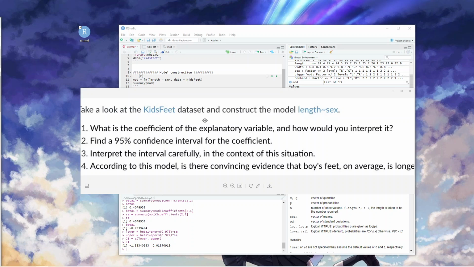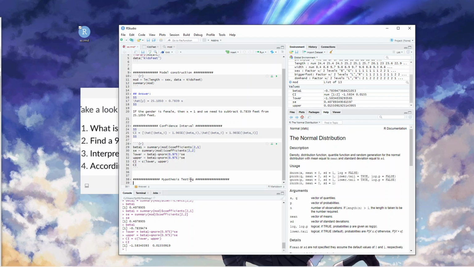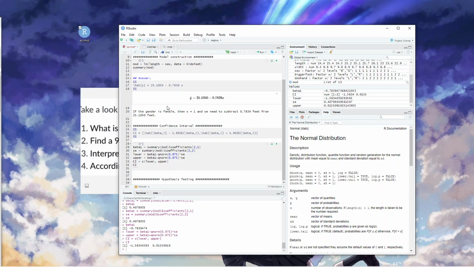So that's kind of different, but what that means is you can translate that: if it's true that the boys' feet are on average longer than the girls' feet, you can just assume that this coefficient is pretty much negative, because when you have a girl, your x value equals 1, so on average you need to subtract the coefficient's amount out of the 25.1050, right? So that's one way to think about this question.